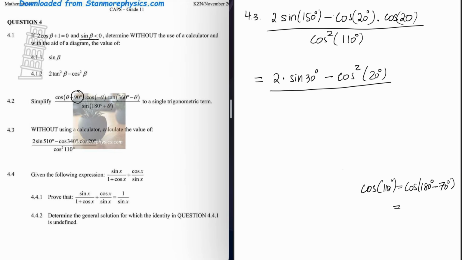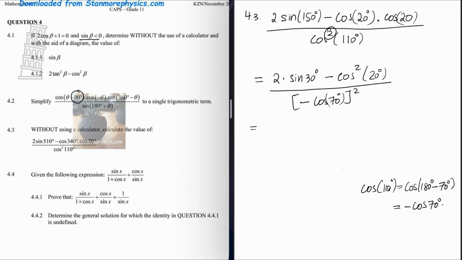Now cos of 180 minus, that's going to be second quadrant, cos is negative, so this is going to be minus cos of 70 degrees. However, because it is squared, remember when negative values are squared, they become positive. So when we're squaring this, it's going to make it positive. So you're going to have negative cos 70, and that's going to be squared.